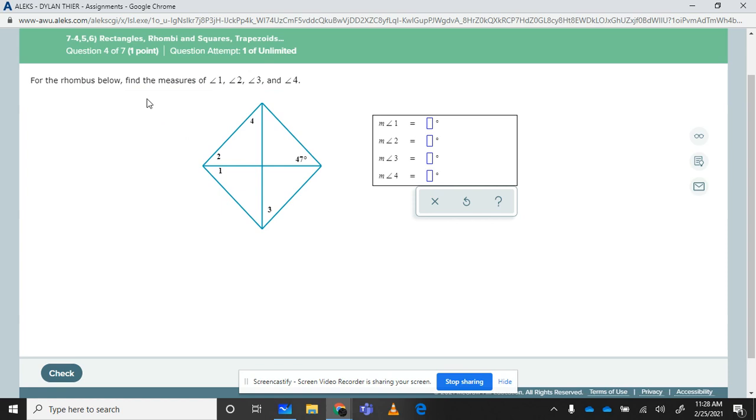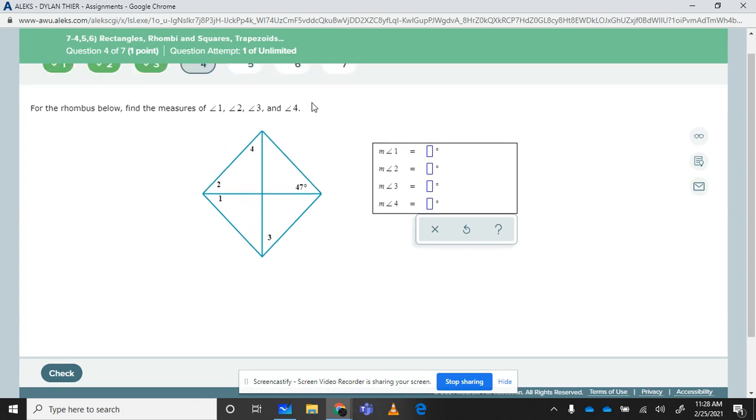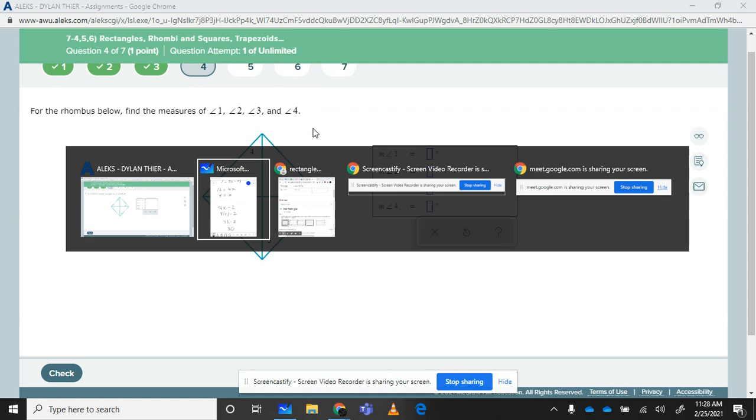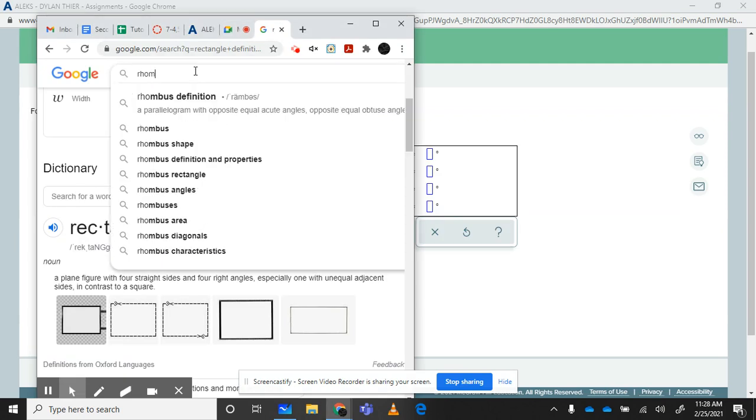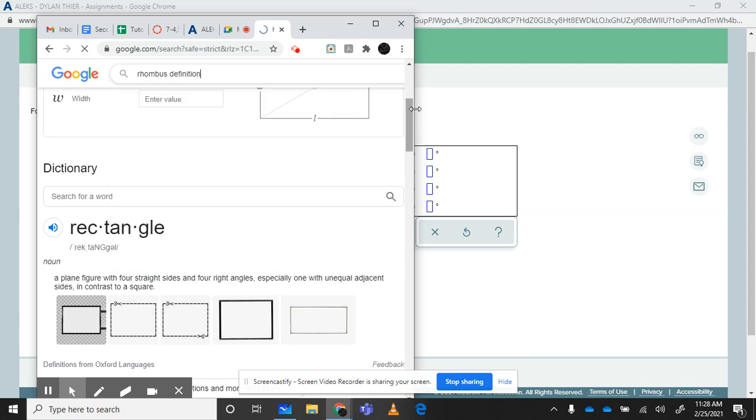Okay, for the rhombus below, find the measures of angles 1, 2, 3, and 4. Well, first of all, let's just double check that we all know the definition of what a rhombus is.